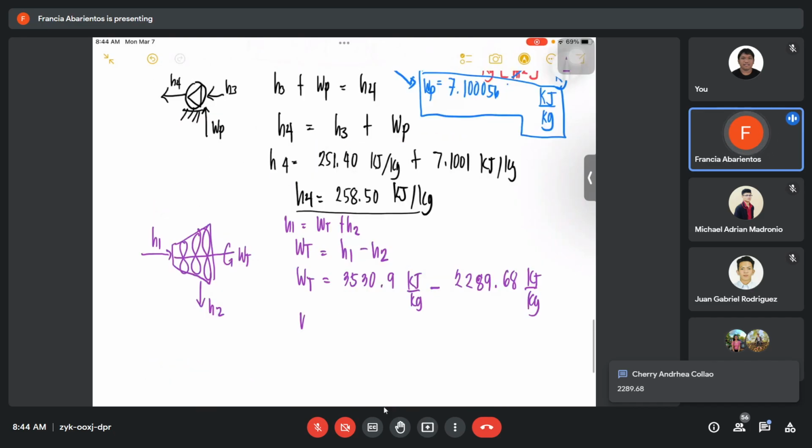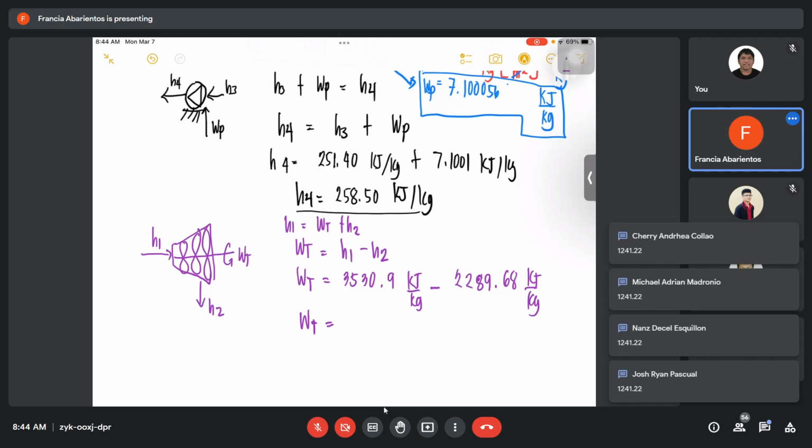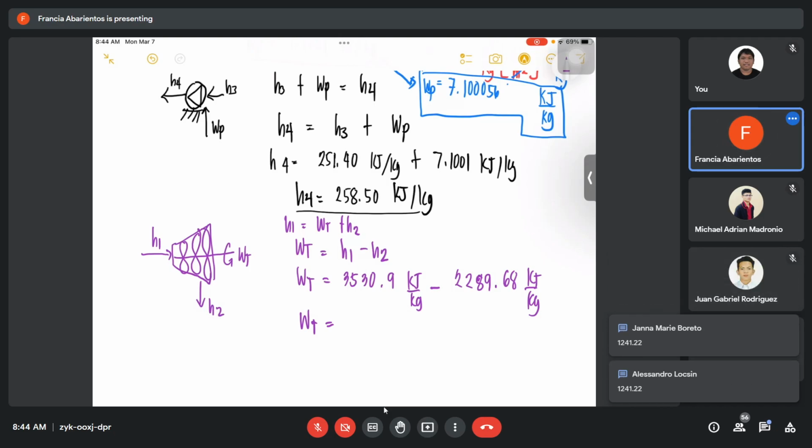So we have now the work of the turbine. What is now the work of the turbine? 35.30.9 minus 2 to 89.8.